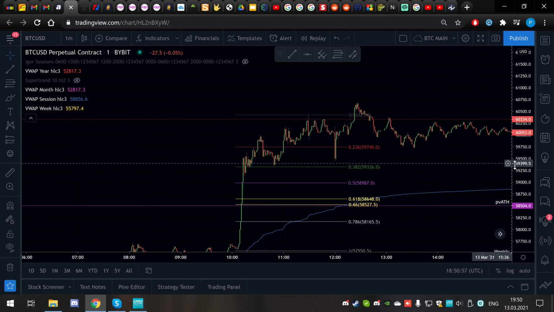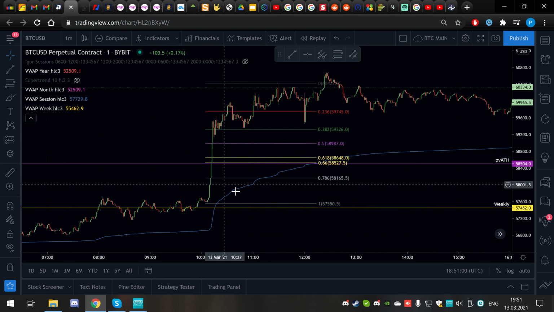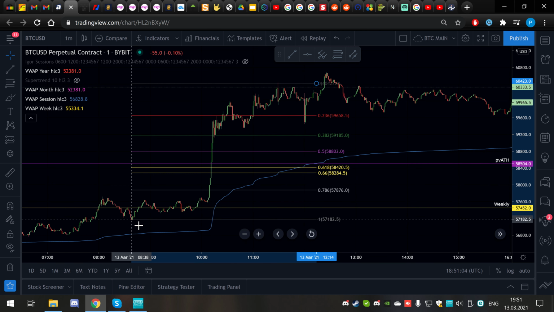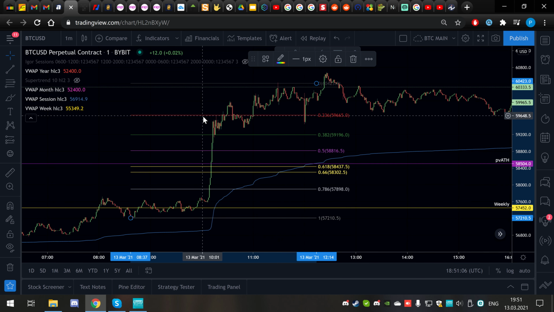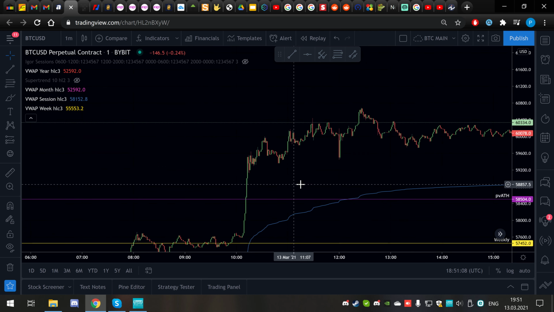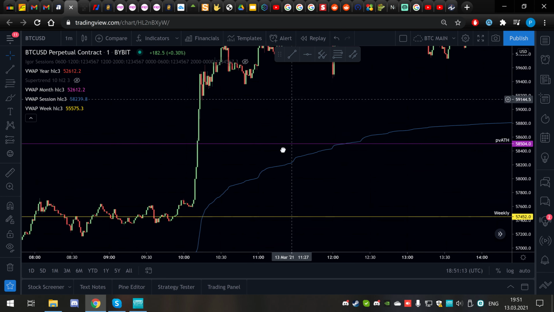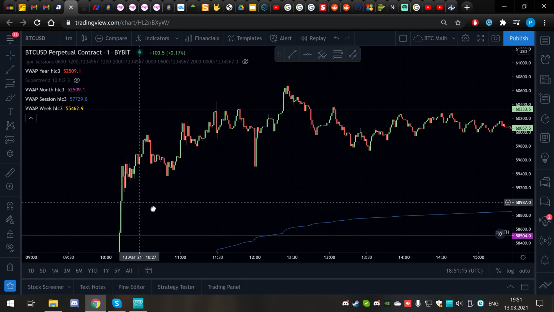Yeah, this was really a huge move. It's not working well. Can pull maybe from here. No, it's not working much because this is too much, but you can scalp the range anyway. You can scalp the range.